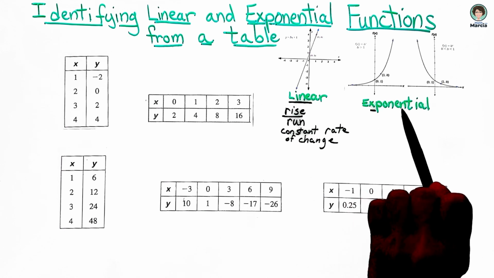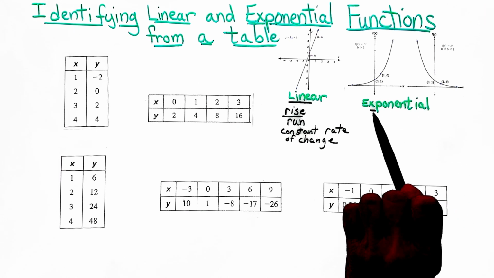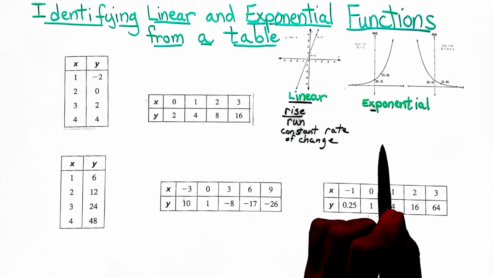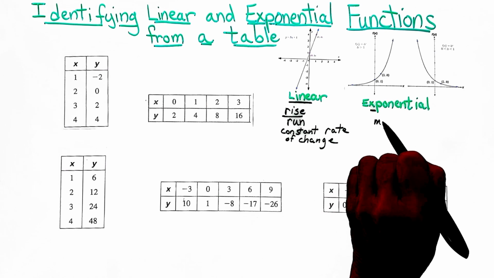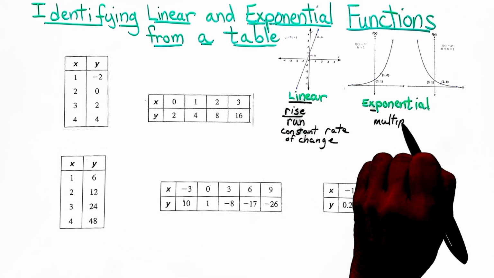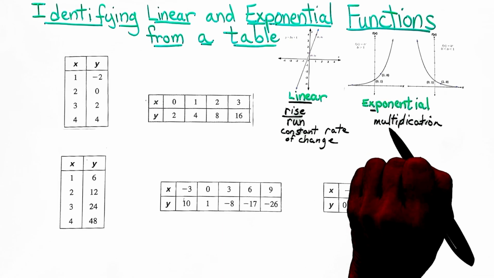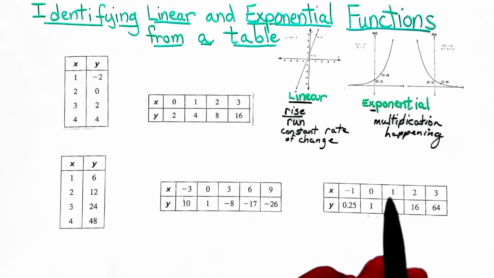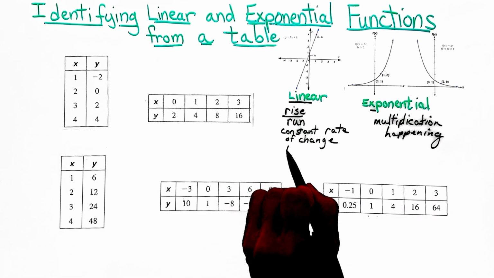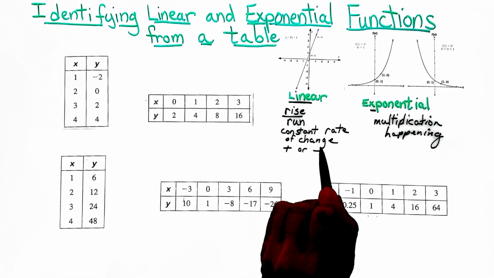So when we have an exponential function, remember I have underlined my x. And that tells me when I'm looking at the table, I am going to be able to see some multiplication happening. So for linear, we're either going to be adding or subtracting our values in the table.